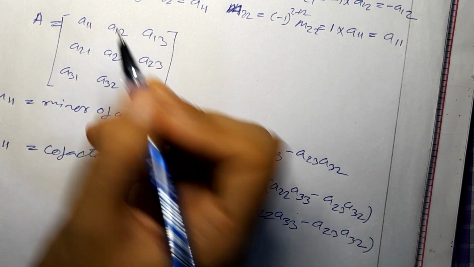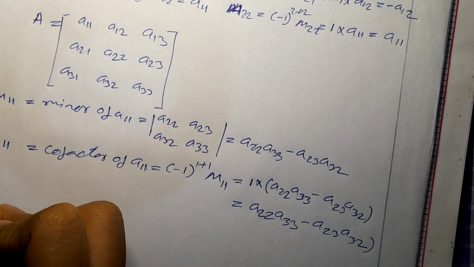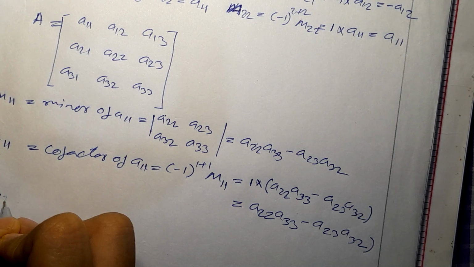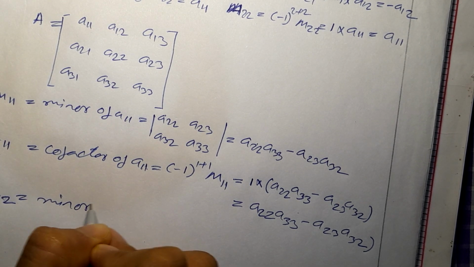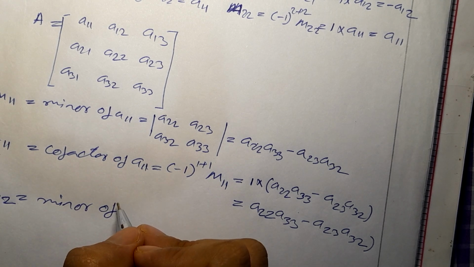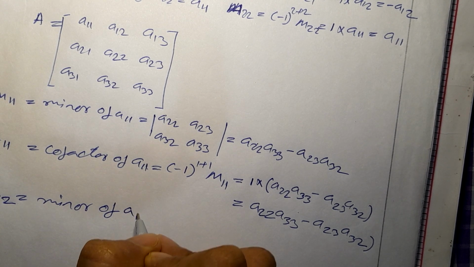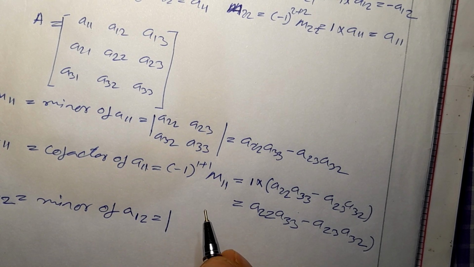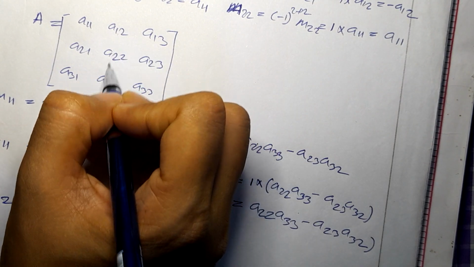Now the second position, the minor m12, is the minor of a12. Eliminate the first row and second column.